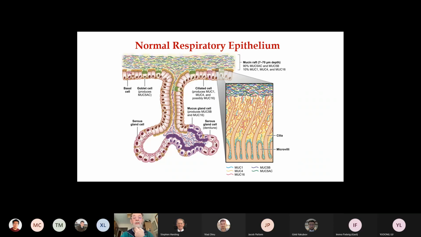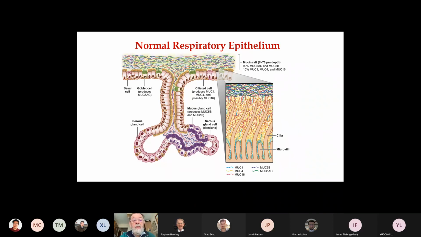Okay, and last to come on to the respiratory epithelium. This again is a mucosal surface that has a thick mucus blanket on the top, and is a dynamic system, as all of these mucosa are.